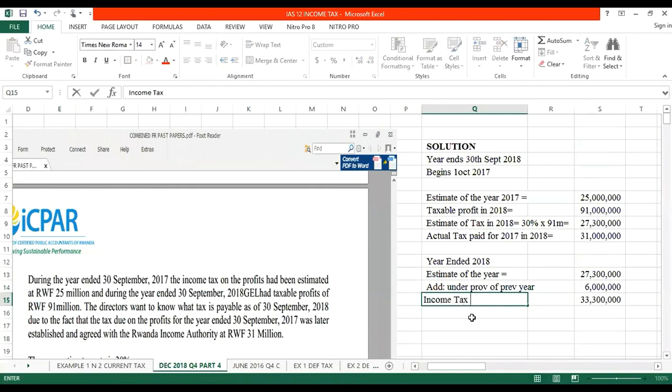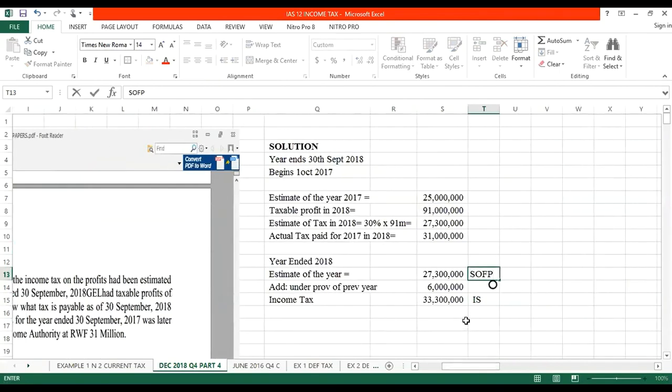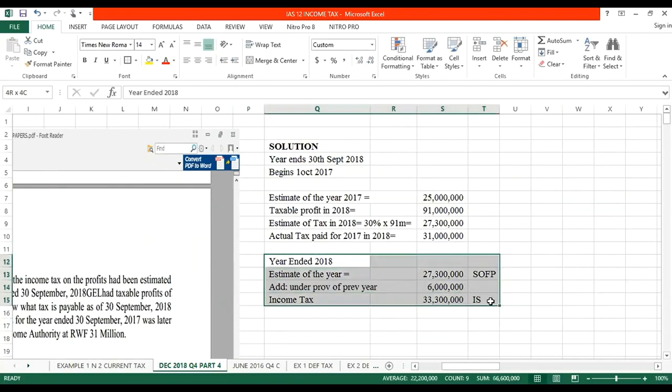And what have we said? This figure goes to the statement of financial position, and this figure goes to the income statement. Let me write in capital letters. This goes to statement of financial position, and the other one goes to the income statement. Now, this is method 1.